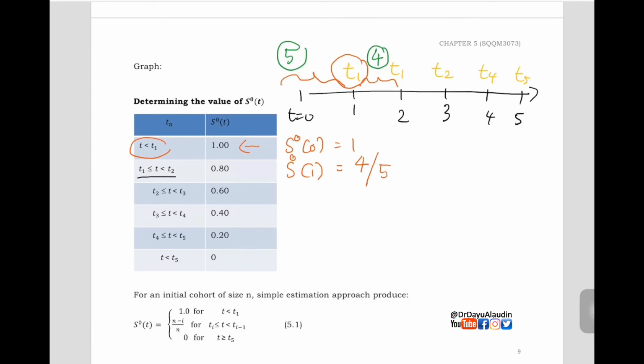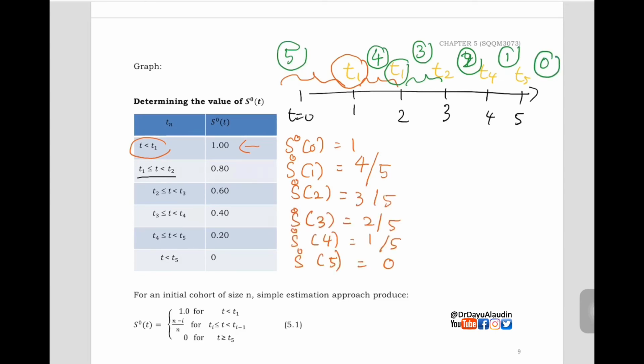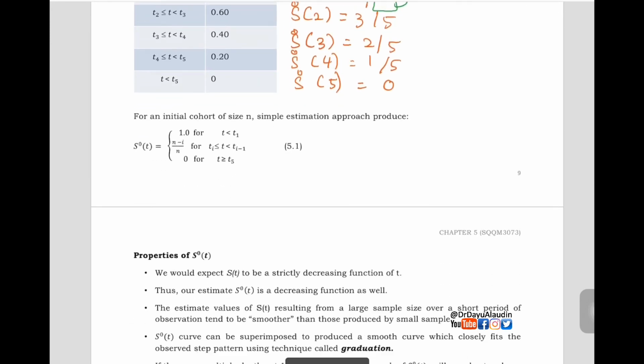So 4 over 5, and then S(t2), second one dies, so only 3 left, 2 left, and then 1 left, and then here is 0. The proportion means you are calculating how many still survive at the particular time from the total survivors at t equals 0.